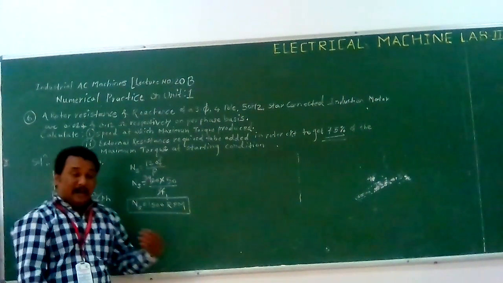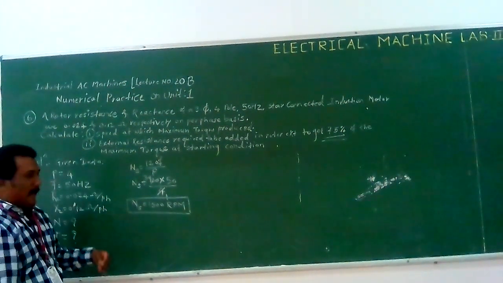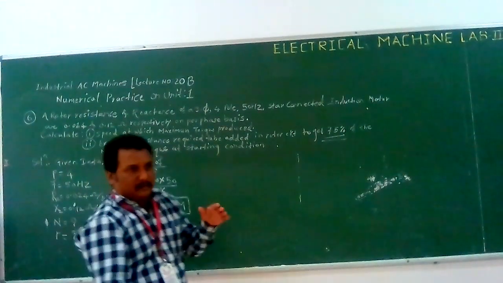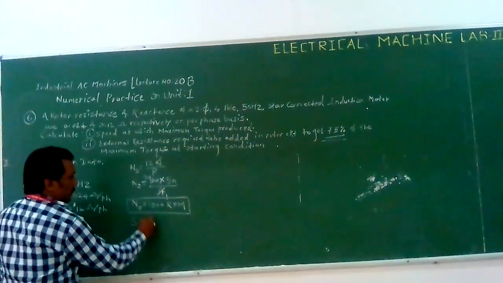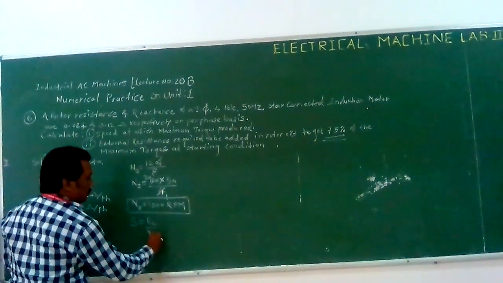Then we have to calculate the actual speed, but the actual speed is related to slip. Here we calculate the slip. Slip is R2 upon X2.